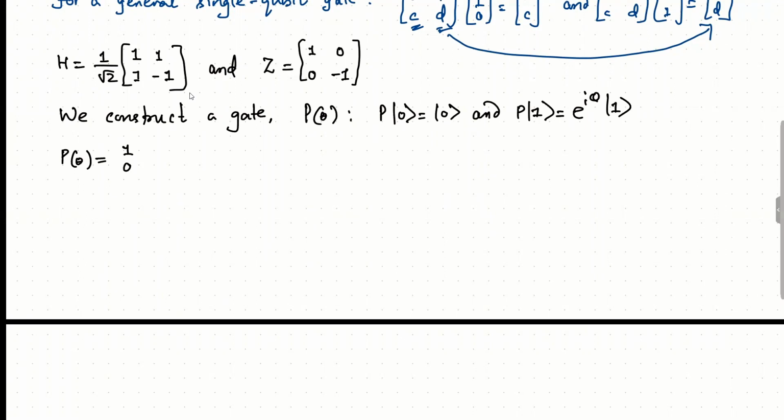So the first column stays as qubit 0, and the second column becomes state 1 with e to the power i theta multiplied to it, so that would be 0, e to the power i theta. Okay, and this is the general phase gate.